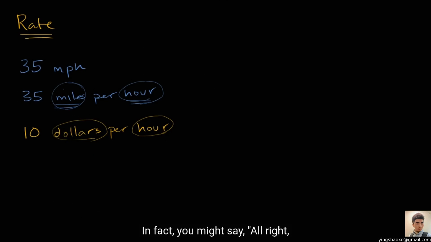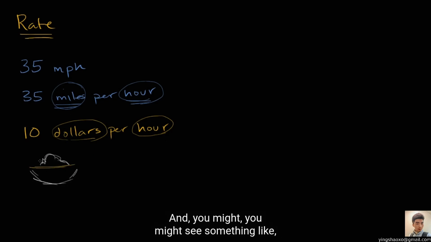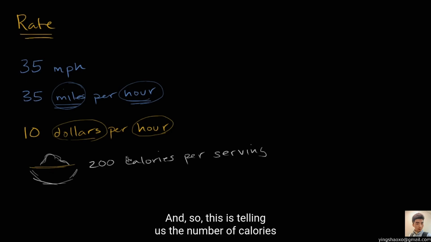In fact, you might say, all right, I have a dessert that I really enjoy, but I'm very conscientious about the number of calories that I consume. And you might see something like there are 200 calories per serving. And so this is telling us the number of calories per serving.